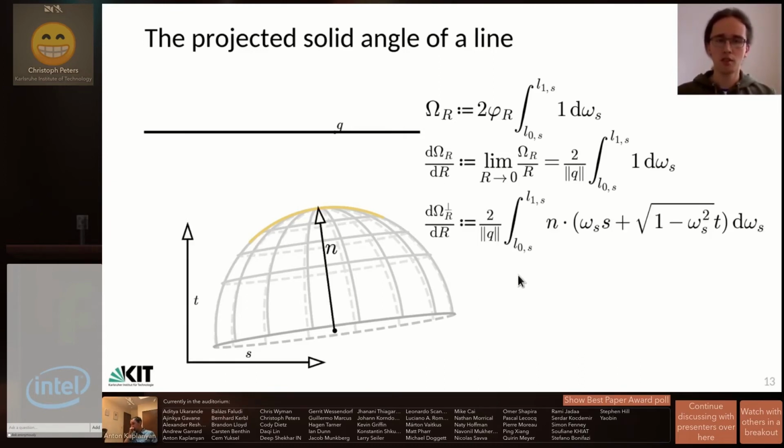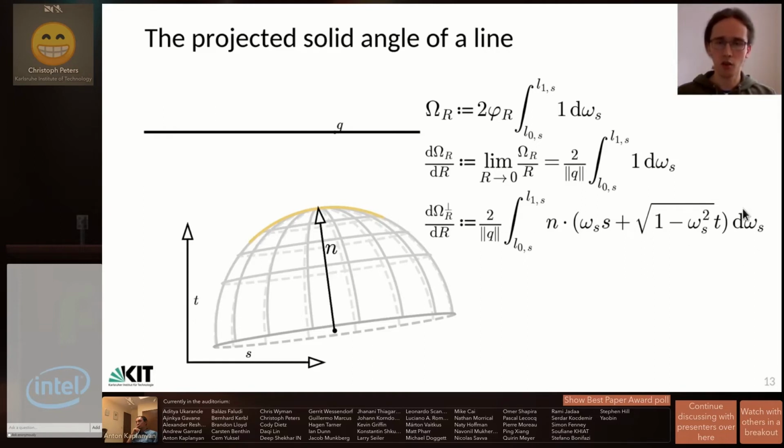Of course, we don't want the solid angle, we want the projected solid angle, which means that we have to replace this 1 here by a cosine term. More precisely, this has to be the dot product of the normal vector and our sample direction in the solid angle. And the solid angle is just an arc of a great circle now.